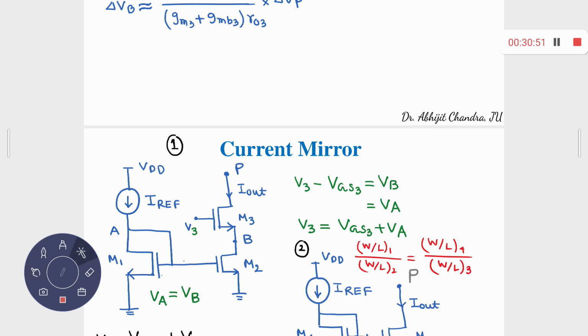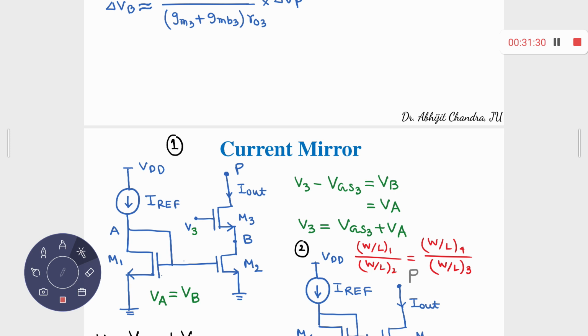If I observe over there, V3 minus the gate source of 3 is equal to VB, and that has to be equal to VA. So how can you get V3? V3 is equal to VGS3 plus VA. Here we already have got some VA. So from VA, how can you synthesize V3? If you add another gate source voltage to this VA, then you'll be getting V3.